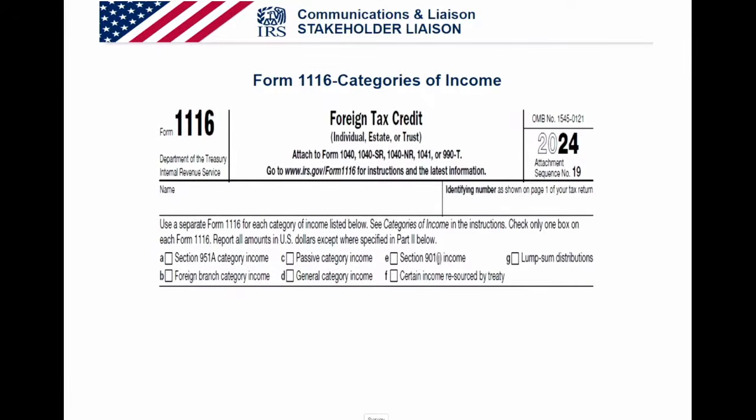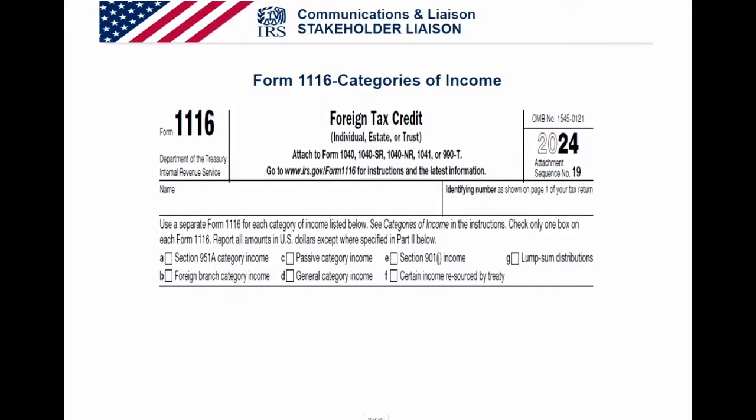Therefore, the taxpayer must use a separate Form 1116 for income derived from each such country. And because no credit is allowed for taxes paid to sanctioned countries, the taxpayer would generally compute Form 1116 for this category only through line 17. Keep in mind that even though they are not allowed the FTC, the taxpayer can claim an itemized deduction for them. And you can refer to Publication 514 for a more detailed list of the sanctioned countries.